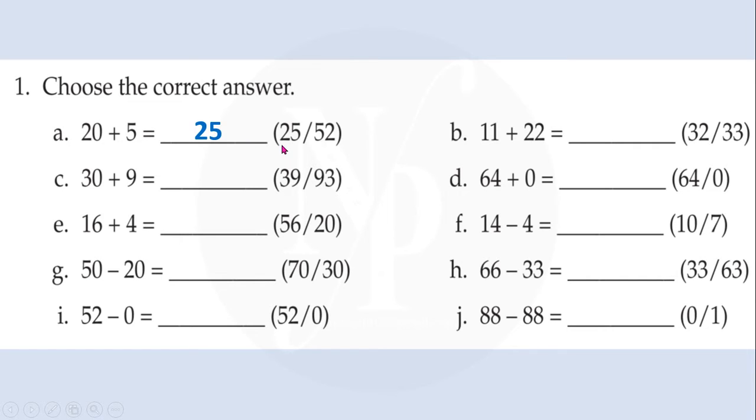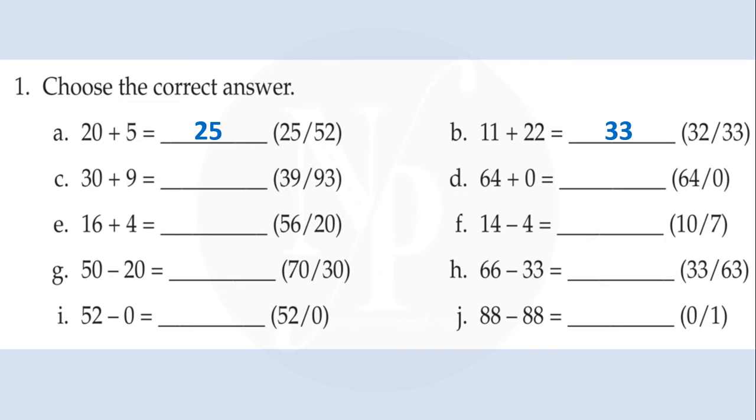Okay. Now let us move to the second question. B. 11 plus 22. 11 plus 22 is how much? Yes, it is 33. So if you add 11 and 22, you will get 33.